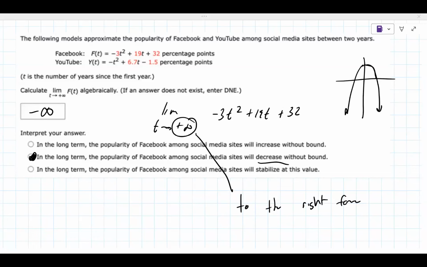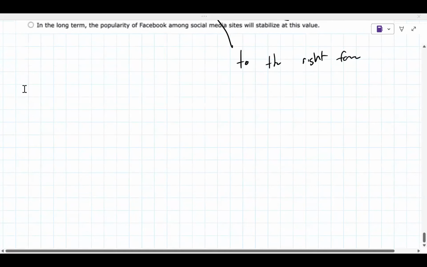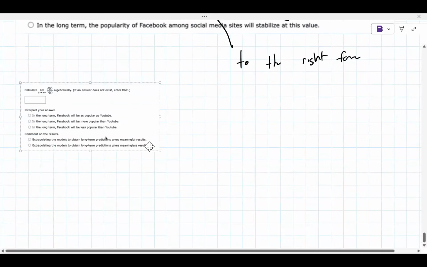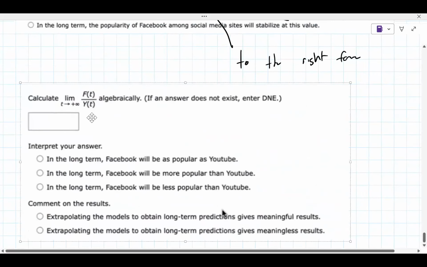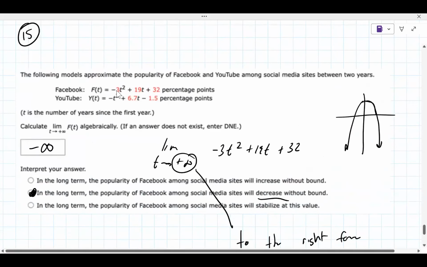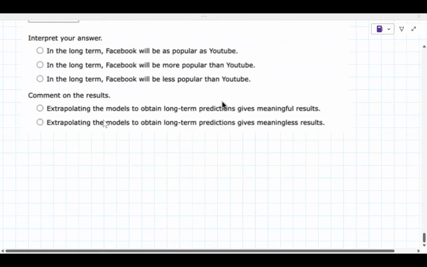The next one here is related to the first one. It's the ratio of f of t over y of t. So we have to look at this top one over this bottom one. I'm going to use my copy and paste feature here.